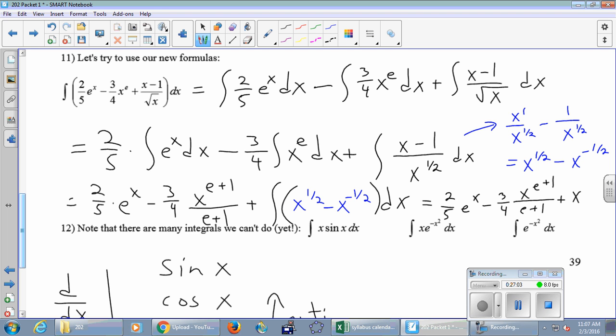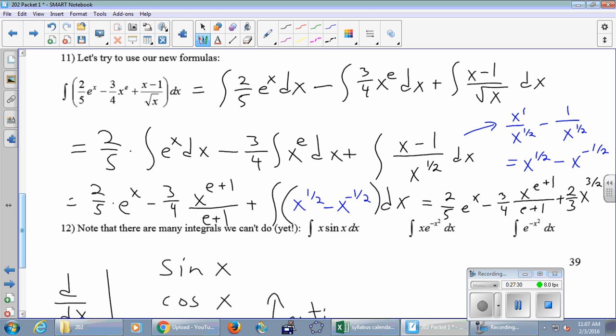X to the 1.5, let's keep it as an improper fraction, 3/2, x to the 3/2, divided by 3/2. I'm probably never going to write divided by a fraction, and I will automatically change it to multiply by the reciprocal. You're welcome to do that in 2 steps if you wish. So I'm going to make this a plus 2/3 x to the 3/2. Everybody see that? Instead of dividing by the 3/2.